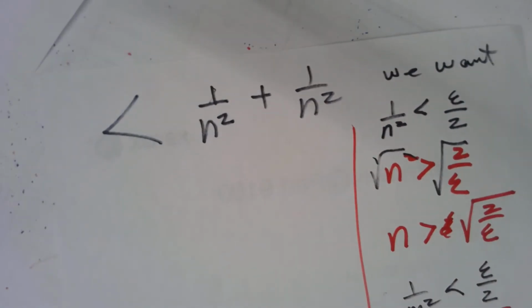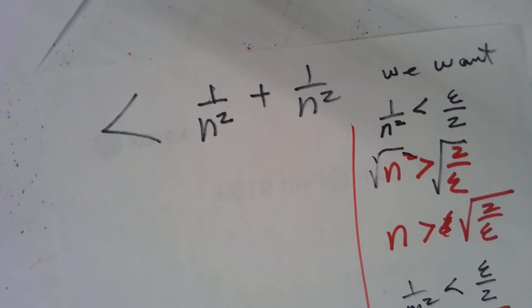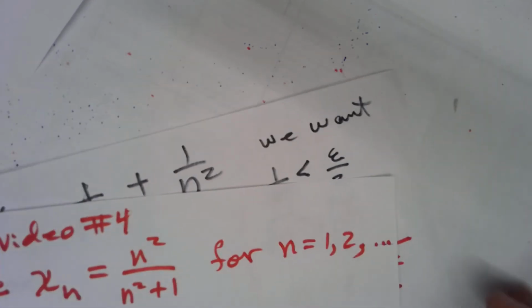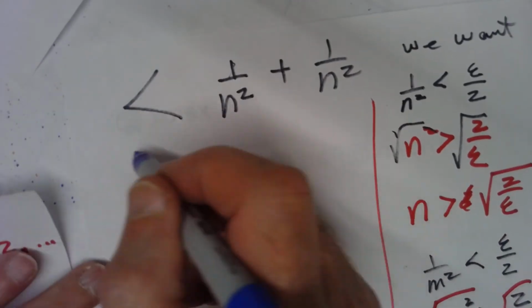So now we can write our formal proof. Basically we're just taking all this and rewriting it.